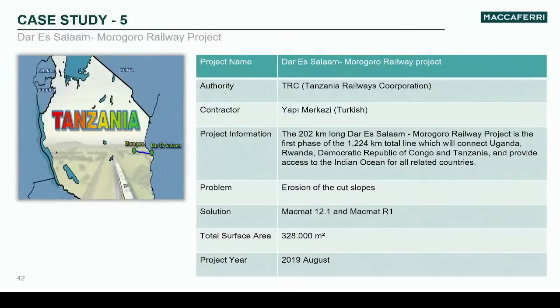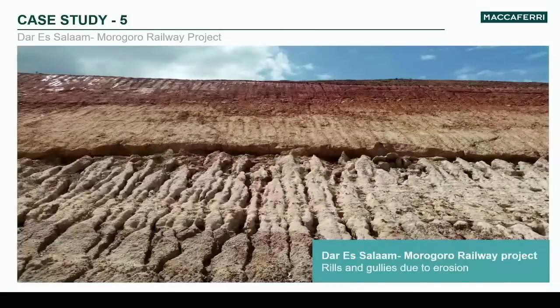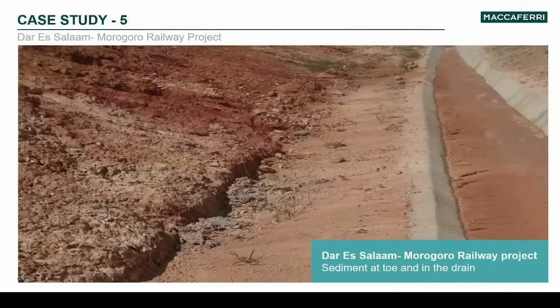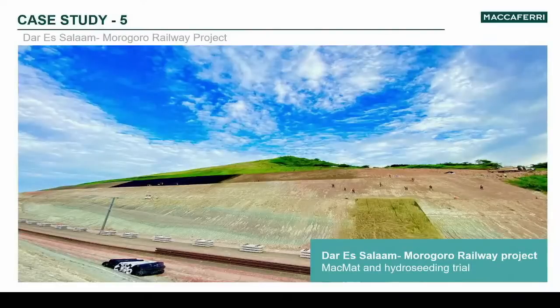Another case study is from outside India, in Tanzania, the Morogoro Railway project. You can see a lot of rills which have developed because of the erosion, and because of this erosion, the toe drains have been filled with silt and all the debris coming off the surface.